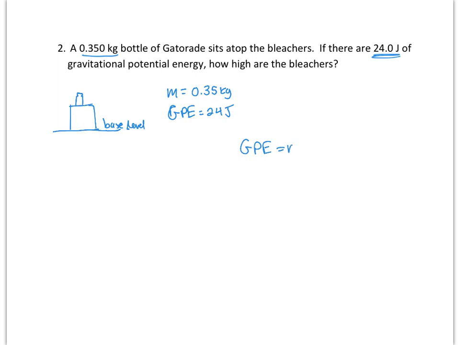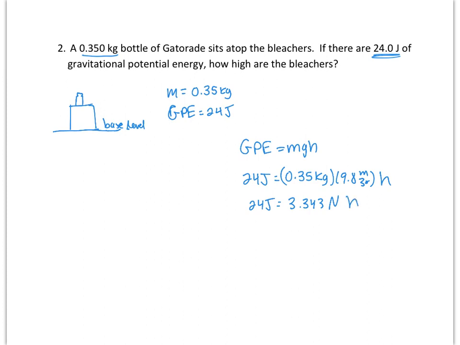Gravitational potential energy equals mgh, 24 joules equals 0.35 kilograms times 9.8 meters per second squared times your height. 0.35 times 9.8 is 3.43. So 24 joules equals 3.43, and this would be newtons, kilogram meters per second squared, times the height.